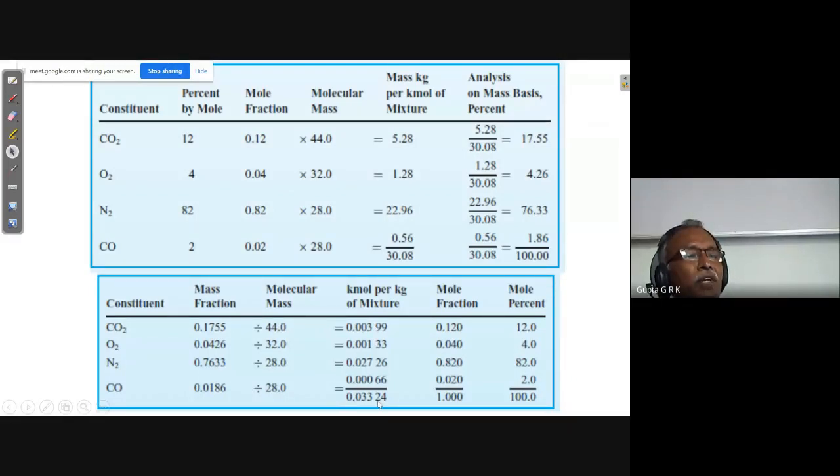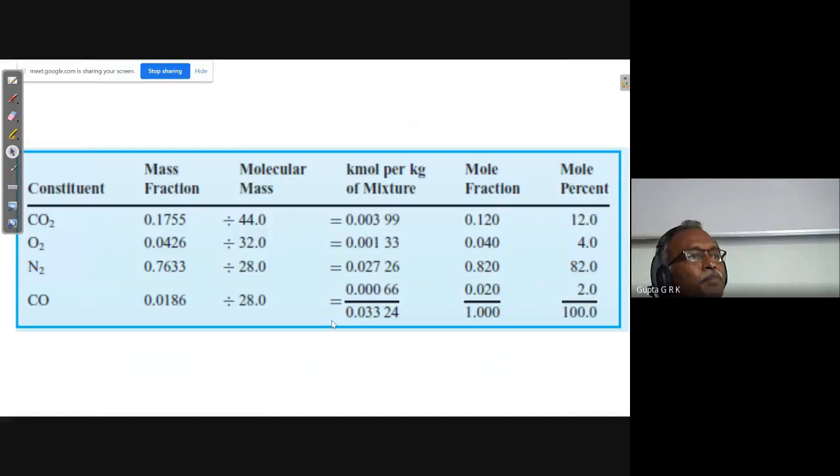And again, if I find the total and divide each individual number of moles by the total, I will get the mole fractions. And again, in percentage basis, multiplying by 100, I will get the same thing back. So it is volumetric to gravimetric, and here gravimetric to volumetric analysis. So you can find out the components on the mole basis and the mass basis. Okay, so that is the way we can convert.